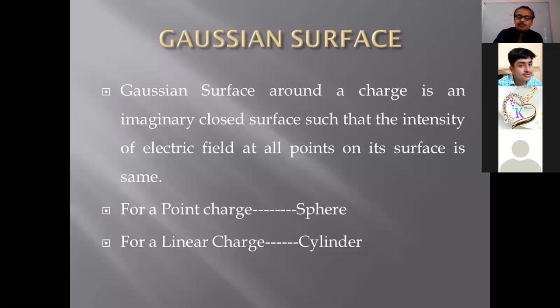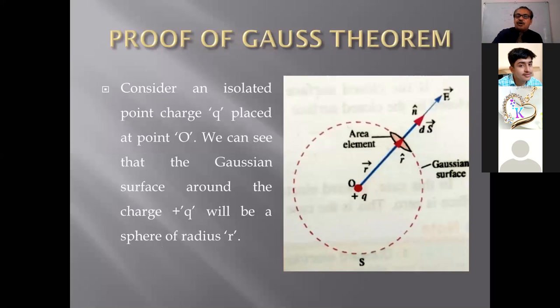This is what we have to prove also. The proof of Gauss theorem. We will prove that phi, which is the electric flux, is equal to q by epsilon naught or 1 by epsilon naught times the q.